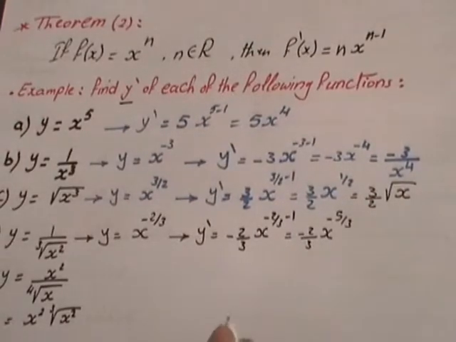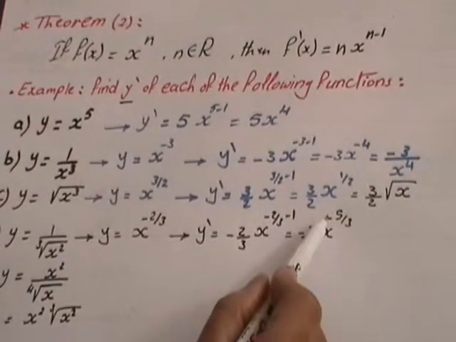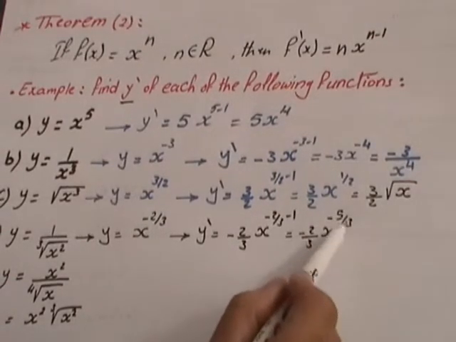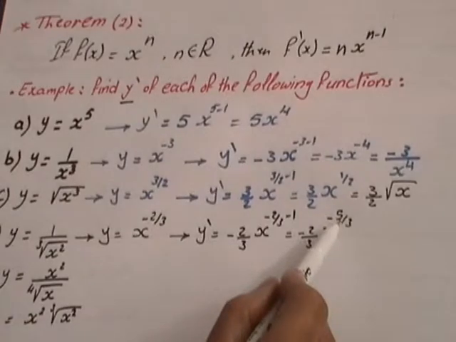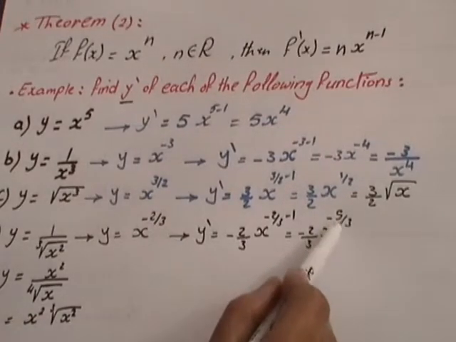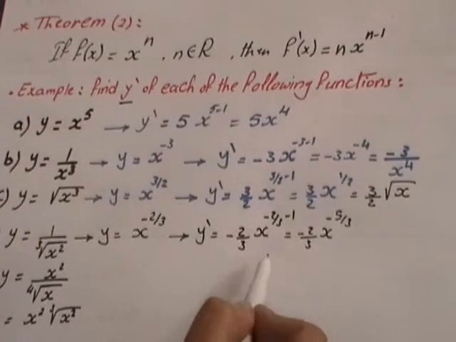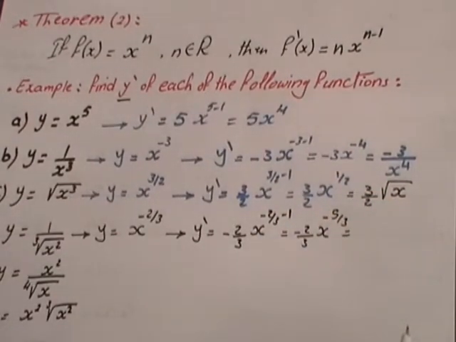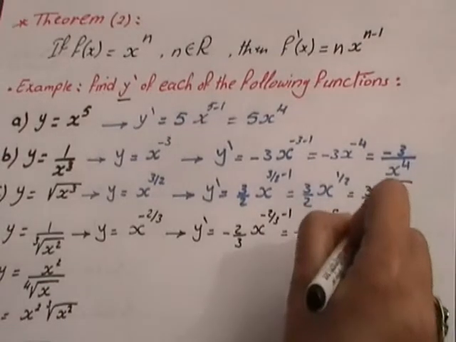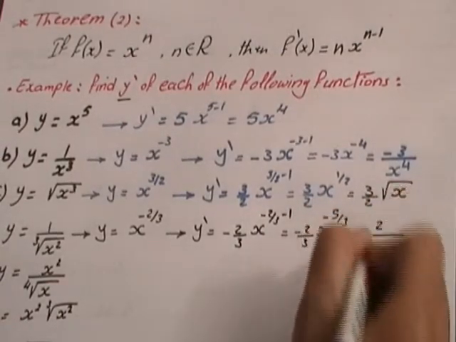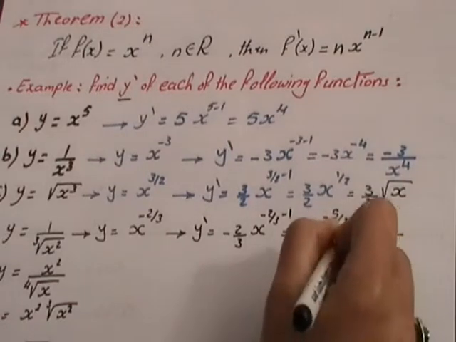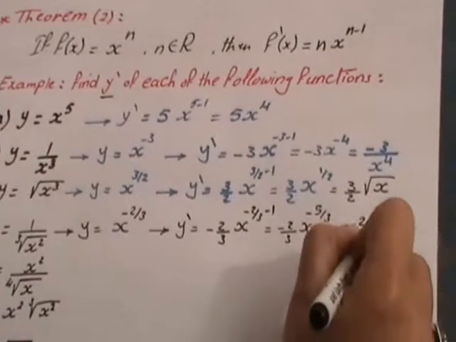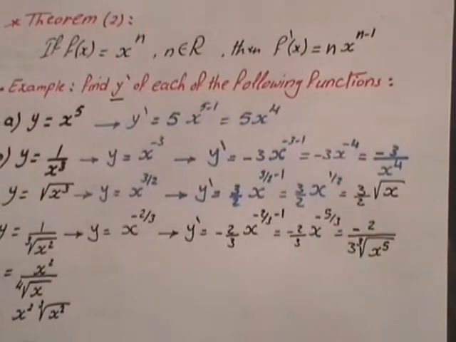Like we did before, we must remove the negative in the power and change the fractional power into a root. Now we put it in the simplest form, which is negative 2 over 3 multiplied by cubic root x power 5.